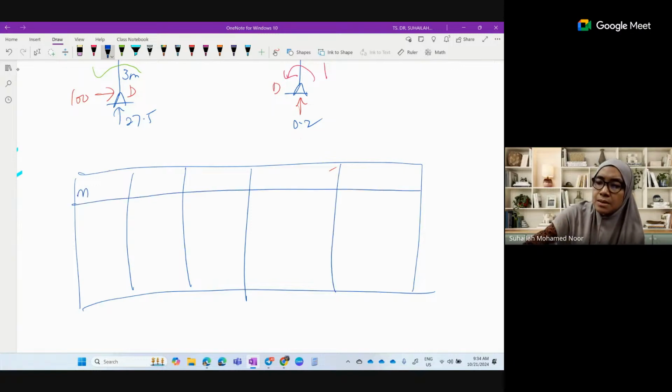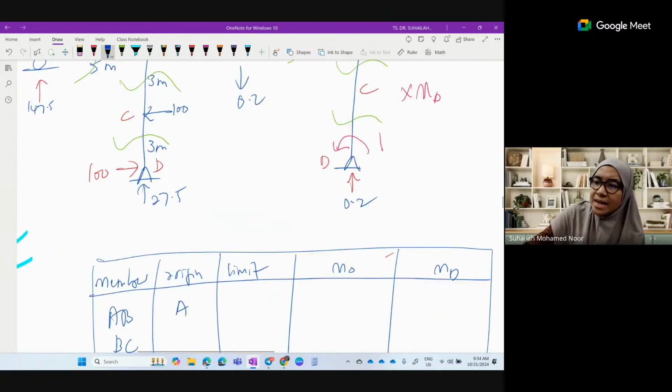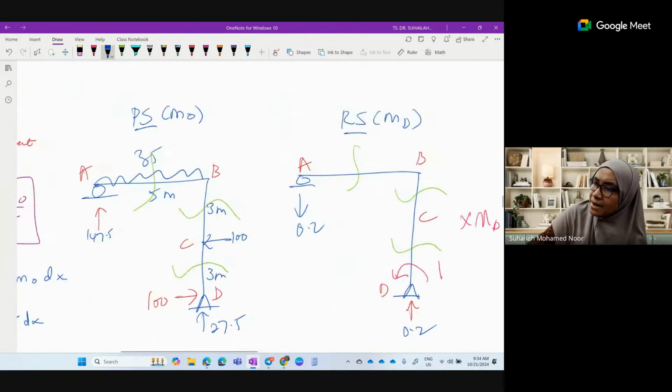Okay, member, origin, limit, M0, M1, right? MD, here we use MD, right? Okay, our members are AB, BC, CD. Okay, origin A is the easiest for this one. Origin, of course origin A, right?